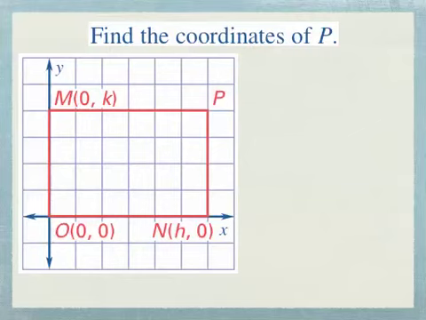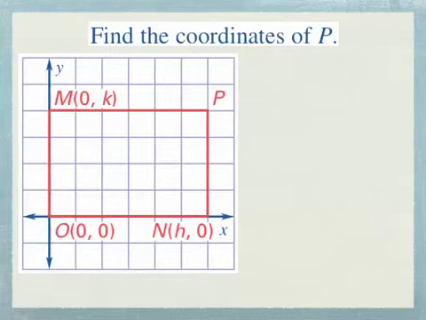Point N is at the ordered pair H, 0, and point M is at the point 0, K. We don't really know if each one of the squares stands for 1 unit. We're not really sure what it stands for. But we do know that 6 units across on the x-axis is H, and we do know that 4 units up on the y-axis is K.